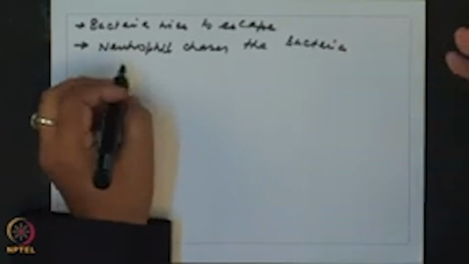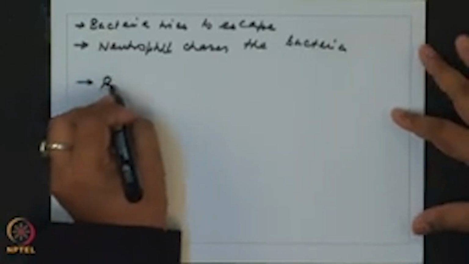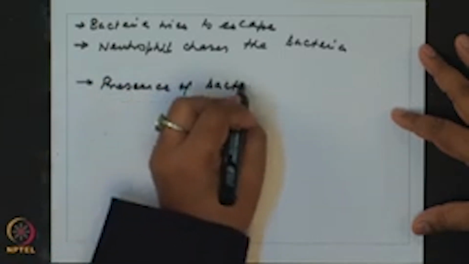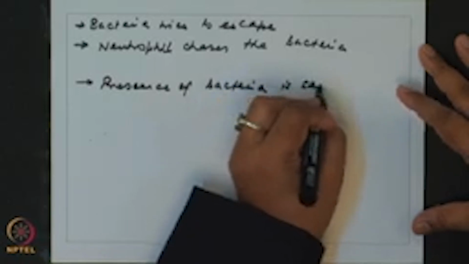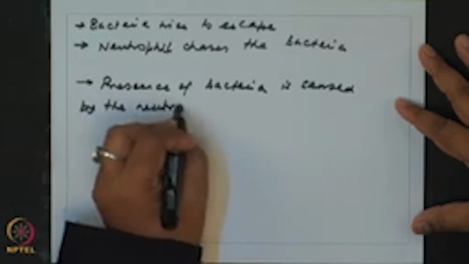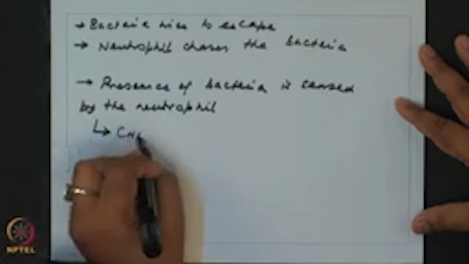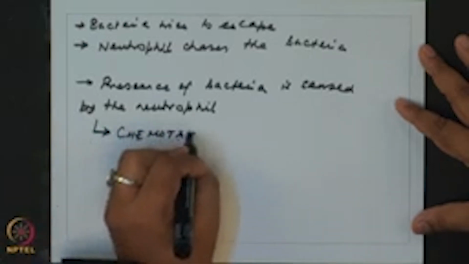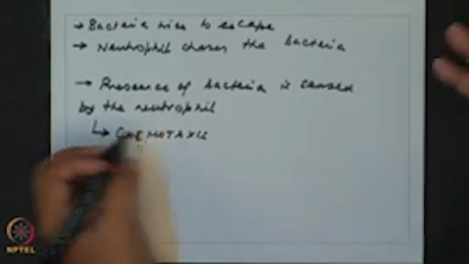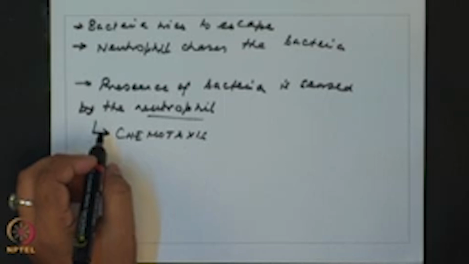So, how is this process happening? It turns out that the presence of bacteria is sensed by the neutrophil, and this induces chemotaxis. The bacteria actually sends out some chemokines which are sensed by the neutrophil, and the neutrophil moves in the direction of the chemical field.